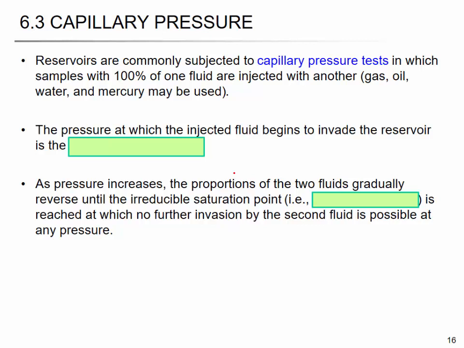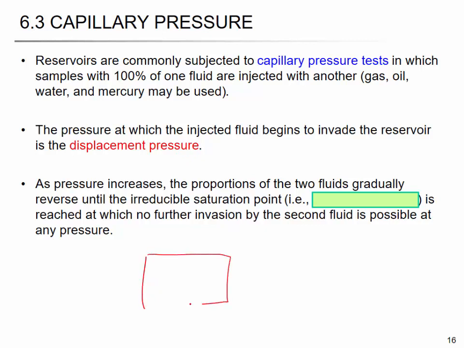I think this is the explanation for the next graph in the next slide. The pressure at which the injected fluid begins to invade the reservoir is called the displacement pressure. Let's say you have a rock core which is filled with water, then oil.